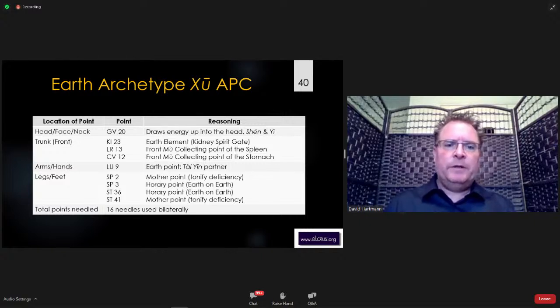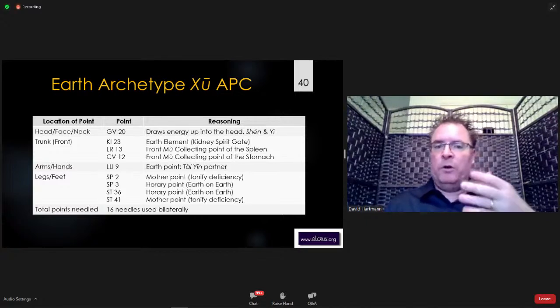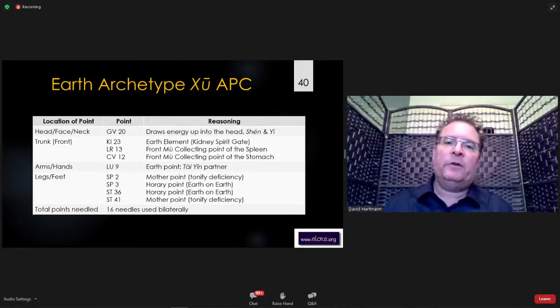Deficiency treatment, we've got 16 needles again. This time we've got to do 20. Great point to drag the energy up into the head. Vital for this particular person for obvious reasons. The Earth element kidney spirit gate point is good again because it works on whatever's wrong with the Earth element archetype. This time I've chosen front mu points, liver 13, ren 12.